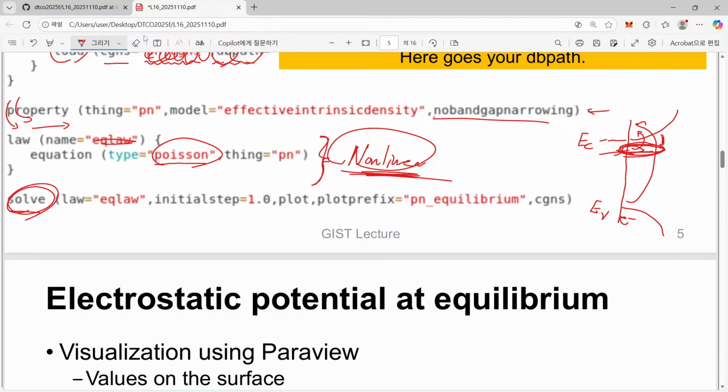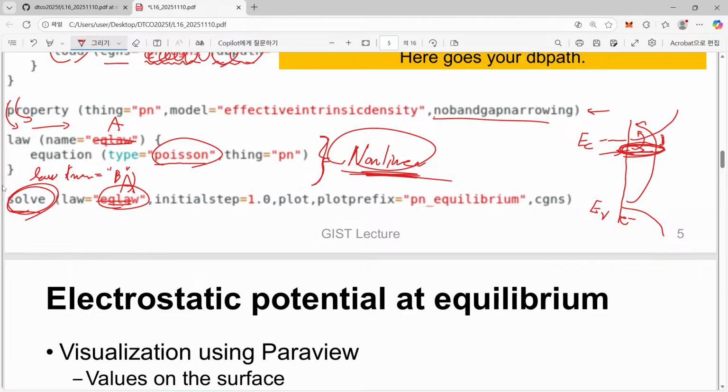If you say A, then there should be A. It means that you can also define multiple laws within your code. You can define a law for equilibrium, a law for DC simulation, a law for transient simulation. Many different laws can be declared, and you can selectively choose one of them and apply it to your analysis.